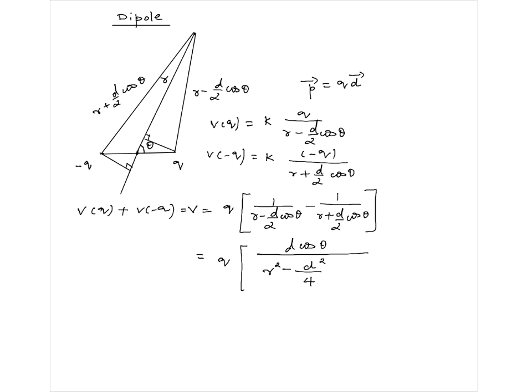Let's see if we can do further approximation to make it look more friendly, easy. We know that R is much larger than D. Well, that means R square will be huge in comparison to D square.